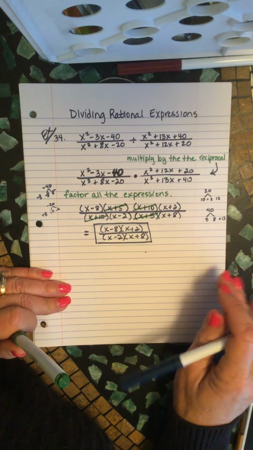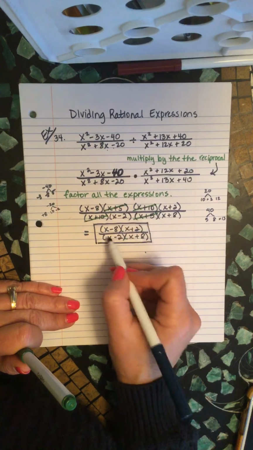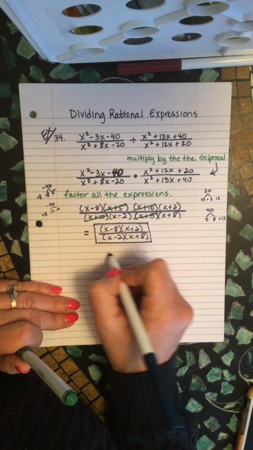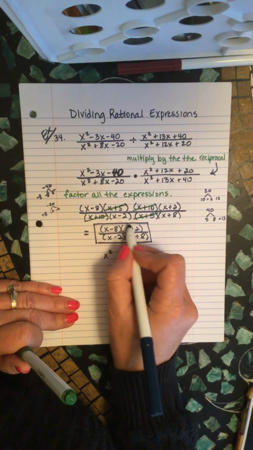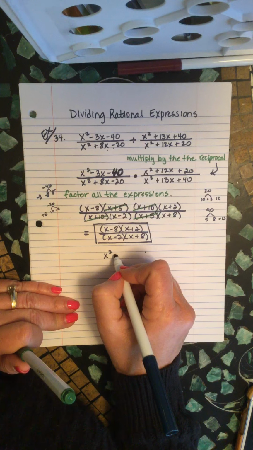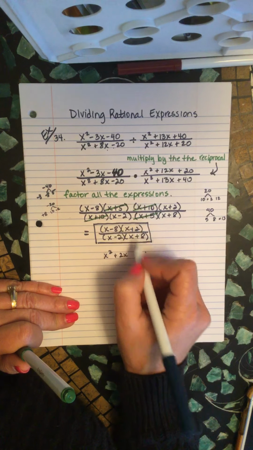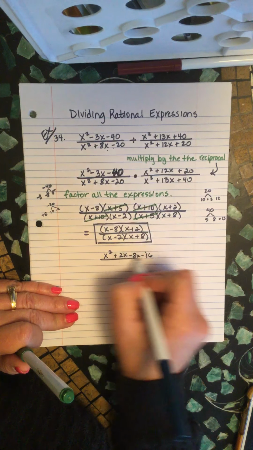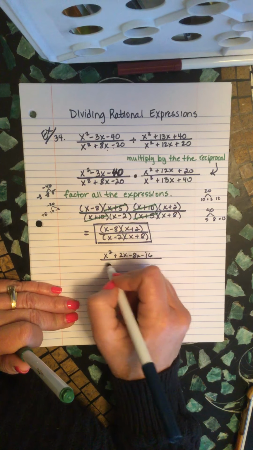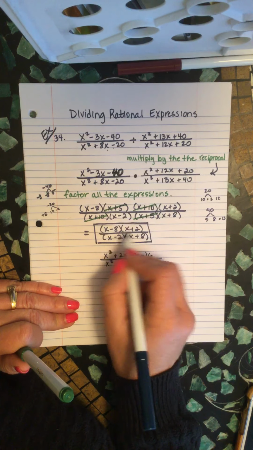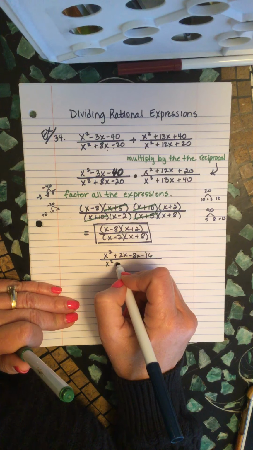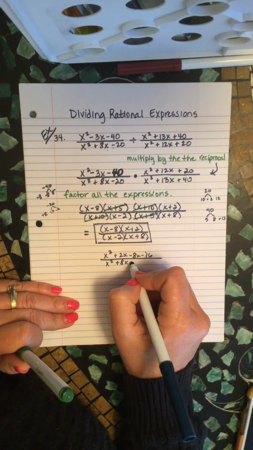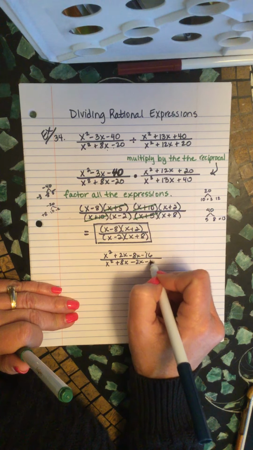You may, if you have a multiple choice and this is not the form it was in, FOIL it out. So here I have x squared plus 2x minus 8x minus 16 and x squared plus 8x minus 2x minus 16.